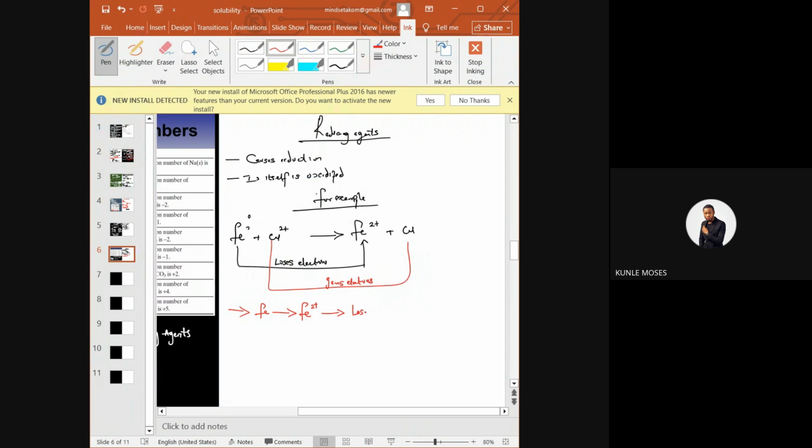Lost 2 electrons. Okay, let's say lost 6 electrons. And because it lost electrons, if you remember what I gave you, OIL RIG: oxidation is loss of electron, and reduction is gain of electron.